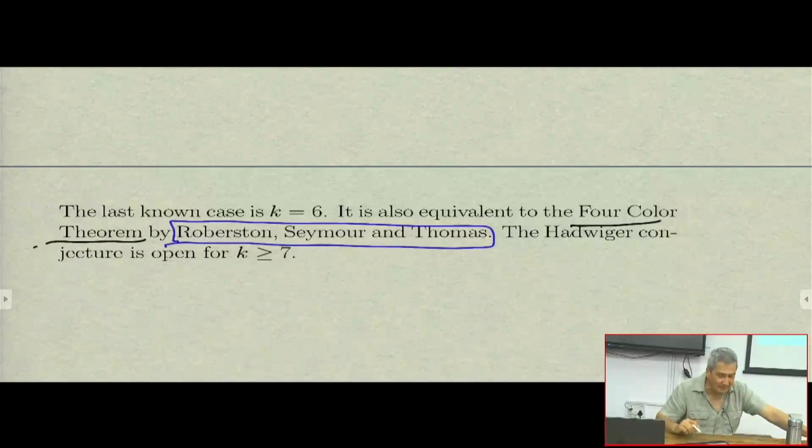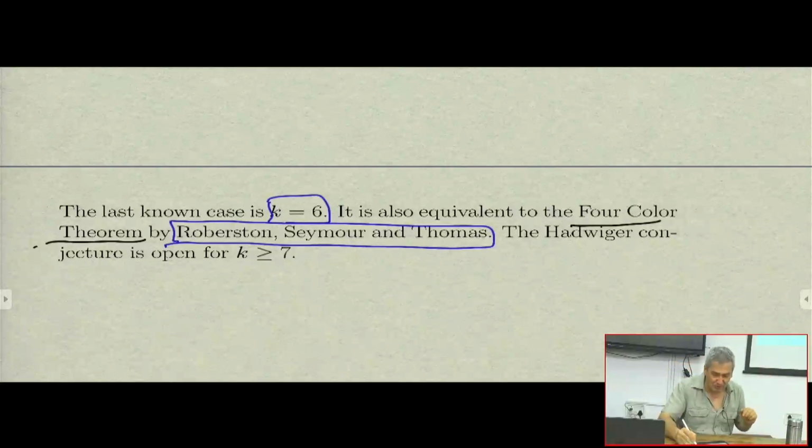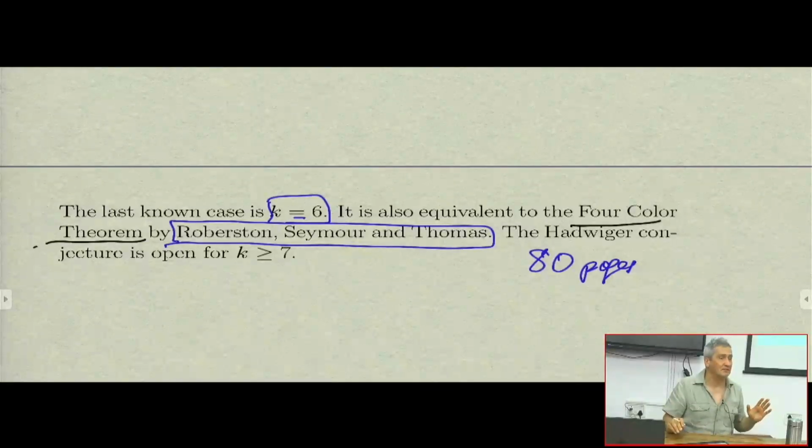The same people solved the case k equal to 6, showing with a paper of 80 pages or something like that that this case 6 is equivalent to the four-color theorem. So it was not straightforward. They had to do a lot of reductions and so on. And this is the state of the art of this problem, K6. K7 is left for you. Okay? You solve it until tomorrow.